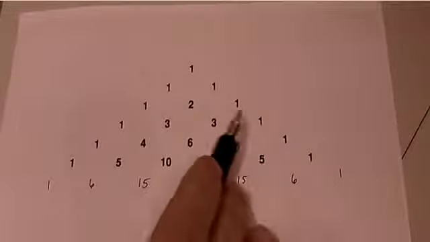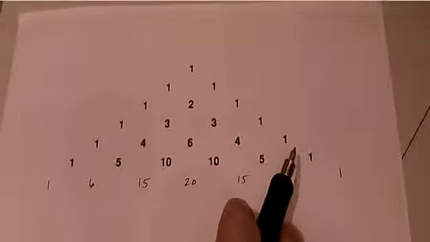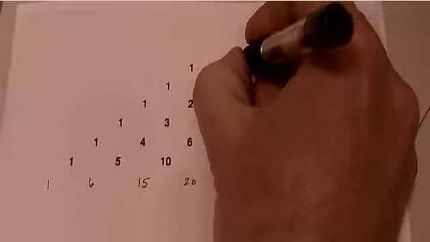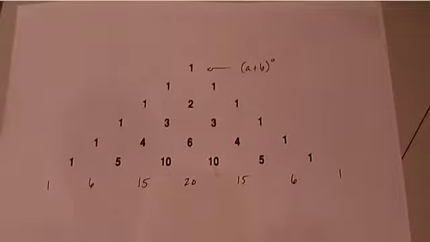Now, what makes this really, really special is the fact that these are the coefficients of (a plus b) to whatever, okay? So this right here is (a plus b) to the 0, okay? This right here are the coefficients of (a plus b) to the first.